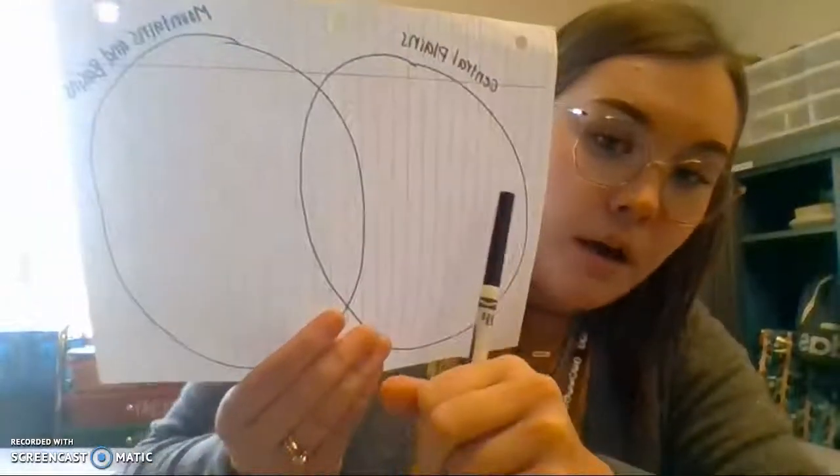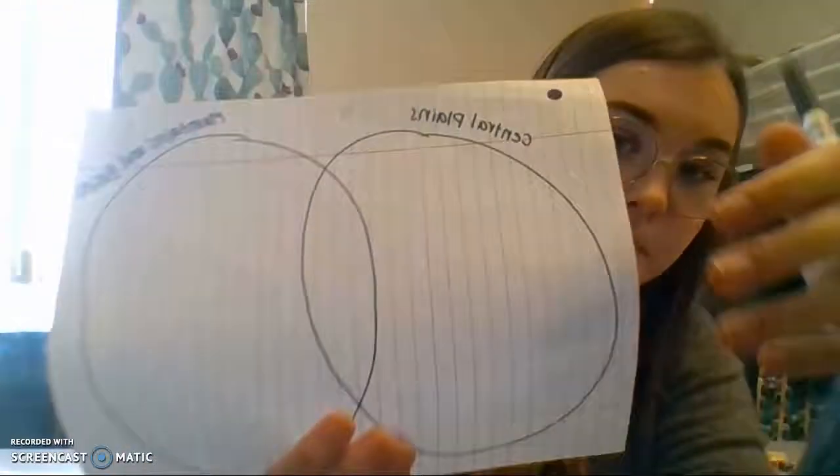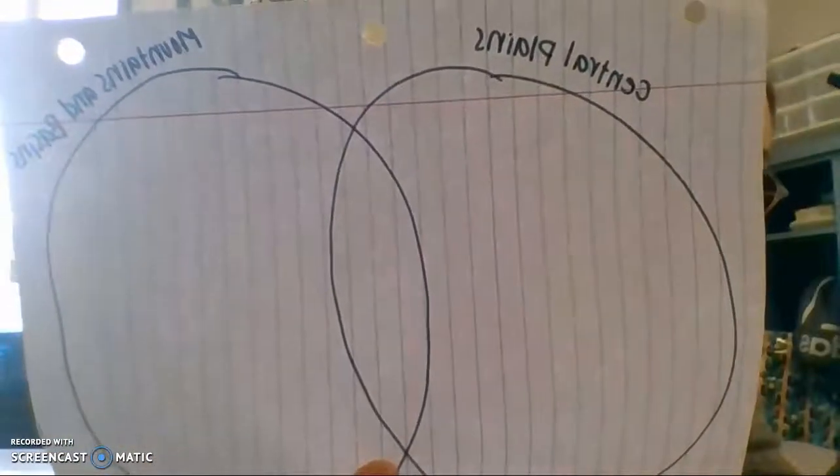So mine, I'm going to do where we live because I think it'd be nice to know about that. I'm going to pick Central Plains, and I'm going to pick the one that I want to visit, which is mountains and basins. And I'm going to write my title above the two circles, just like this.